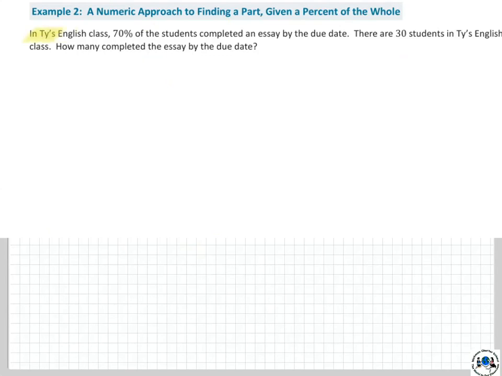In Ty's English class, 70% of the students completed an essay by the due date. There are 30 students in Ty's English class. So how many completed the essay? We know the percent. We know the total. We are seeking to find the part. Go ahead and mull over that a little bit.